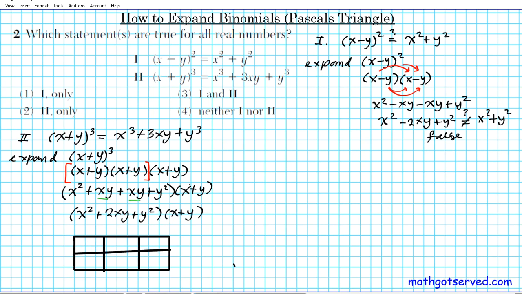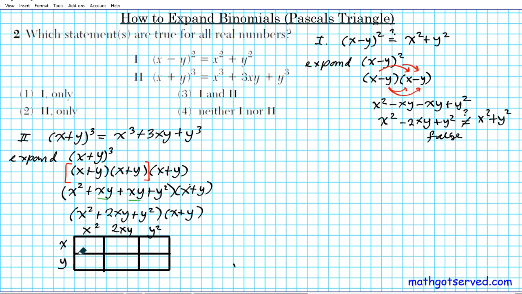We're going to put the first factor on the top. So this is the x squared column, this is the 2xy column, and this is the y squared column. They're all positive, so don't put the sign. And then for x plus y, just put an x here, and then positive y down here.